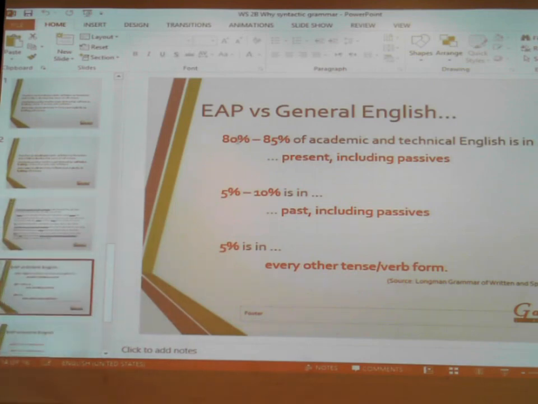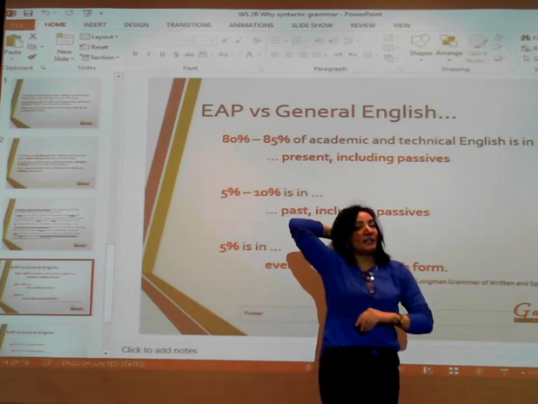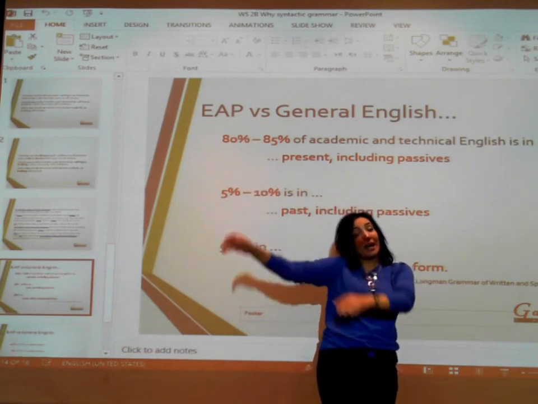They say here that 80 to 85 percent of academic and technical English uses the present tense. 5 to 10 percent uses the past. These are academic statistics. 5 percent is every other verb. Only 5 percent means you would use the future progressive: I will be going to my uncle or I'll be visiting my uncle today.